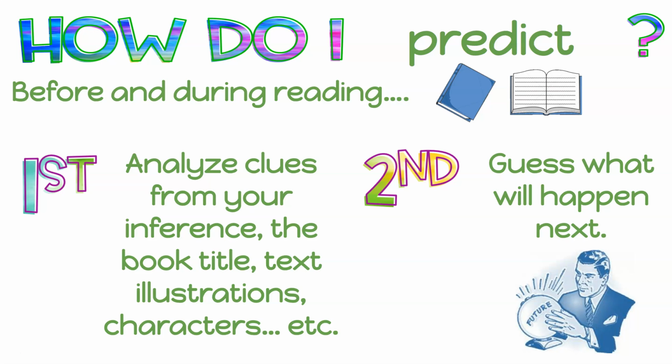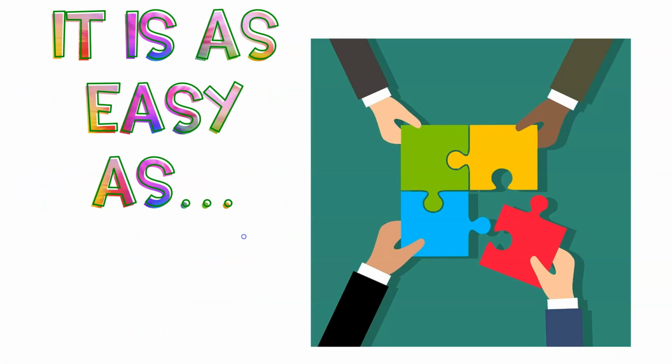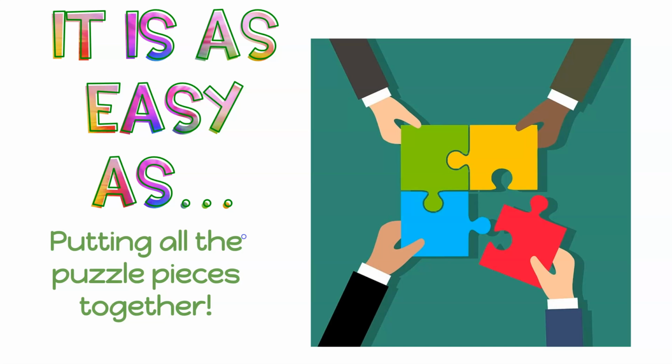Try and look into that mirror ball to see what's in the future. When you infer and predict, it is as easy as putting all the puzzle pieces together. Remember, you use all the clues that the author gives you, the schema in the back of your brain, to put together and come up with an inference or a prediction about what will happen next.